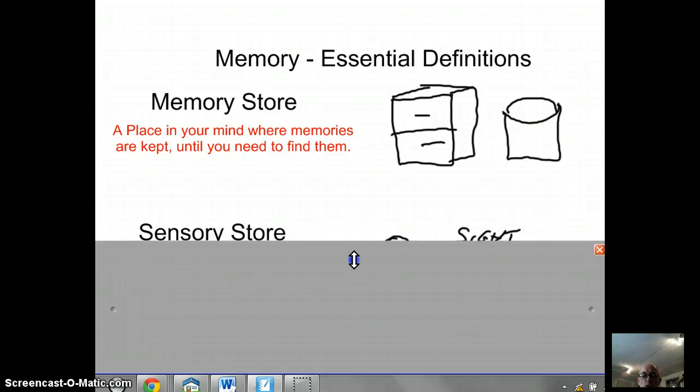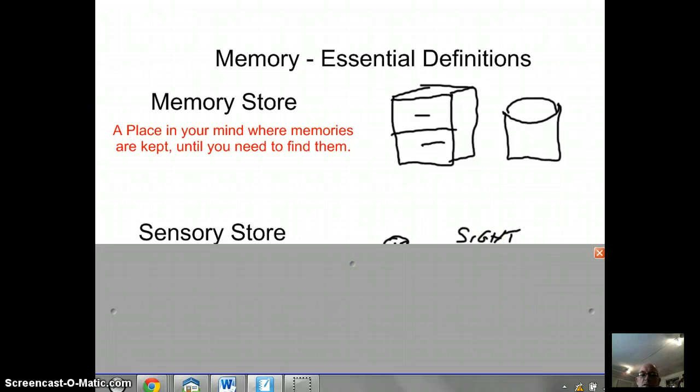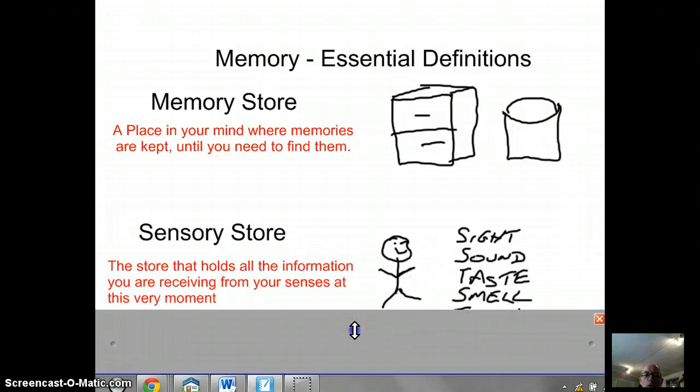The sensory store. Now, psychologists believe that we've got lots of different stores, and this is the first one, and this is the store where we actually save memories of everything that's happening to us at the moment. All the information we're receiving from your senses at this very moment is stored for a very brief time in your sensory store.